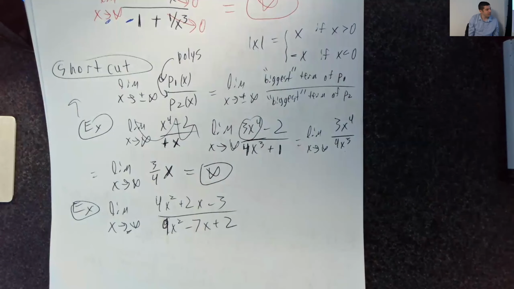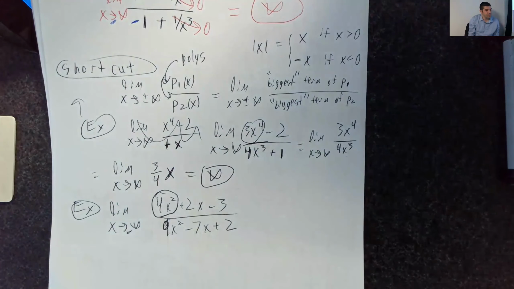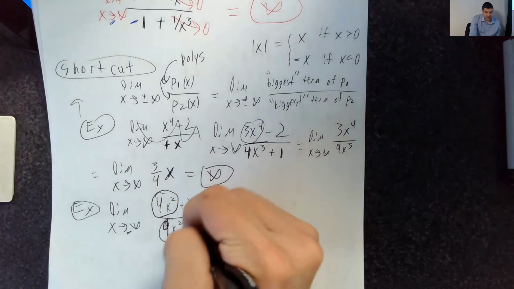What's the biggest in the numerator? What's dominating? It's the 4x squared. It's way bigger than the rest of the numerator, like when you're plugging in a million. What's dominating the denominator? 9x squared.